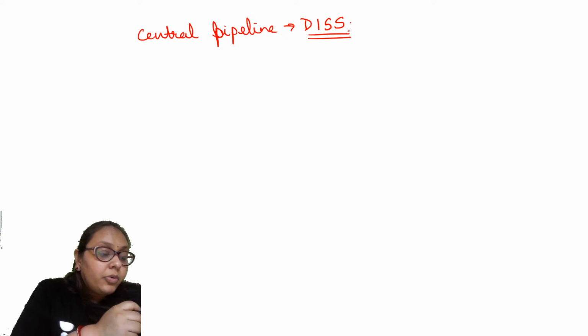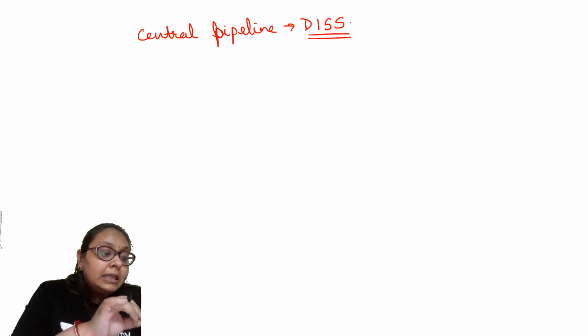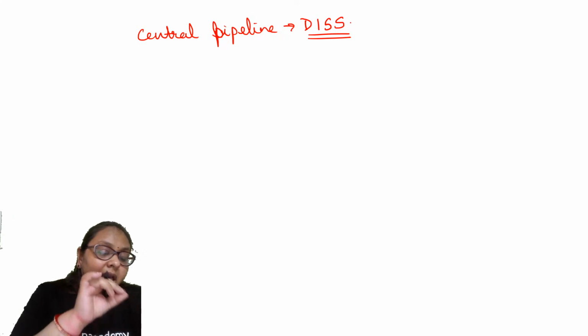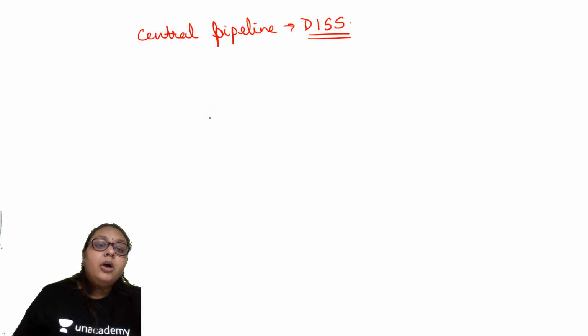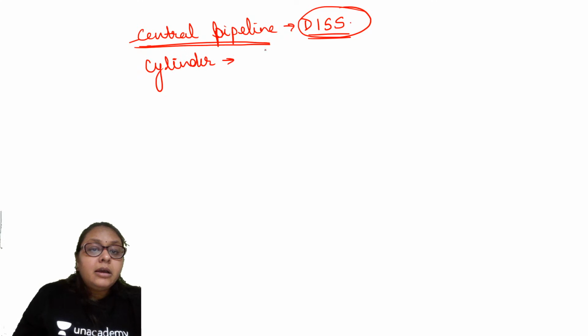So the answer for question 8 is D. The central pipelines are part of the intermediate pressure system, and their safety system is the diameter index safety system, whereas for the cylinder, to prevent incorrect attachment with the anesthesia machine, it is the pin index.